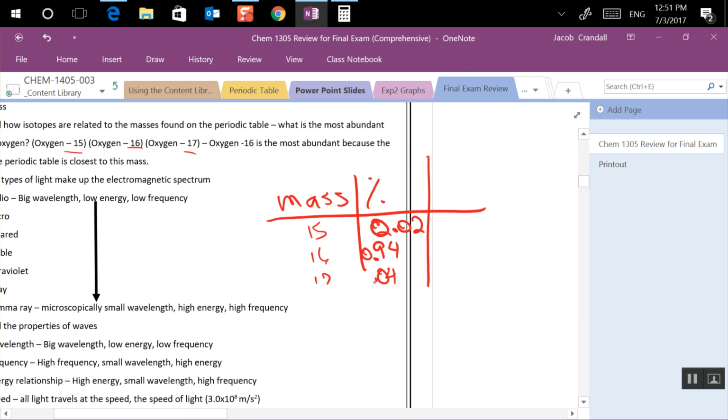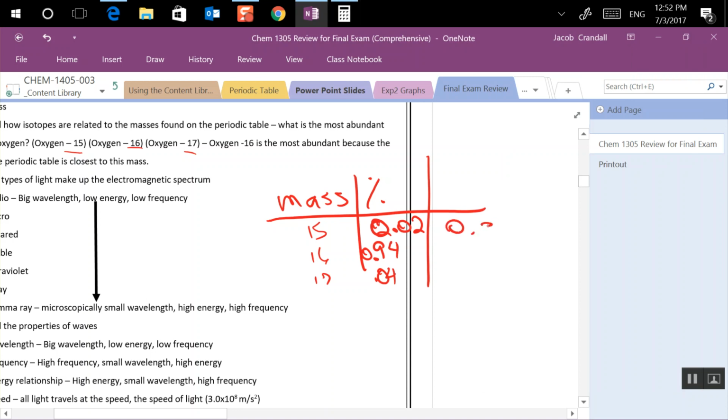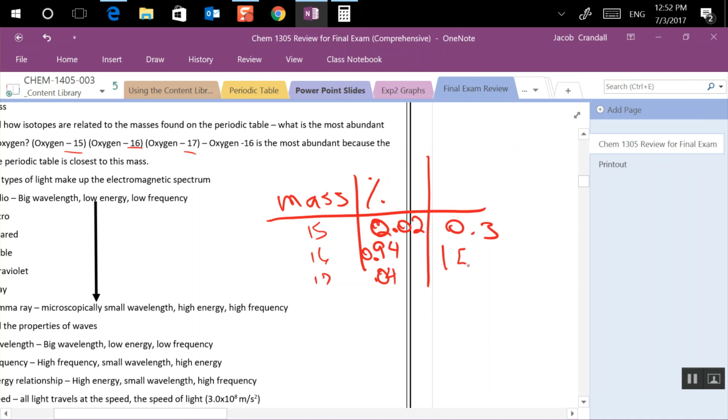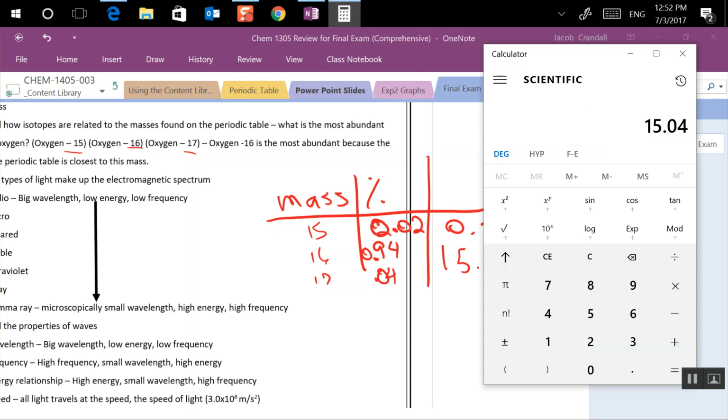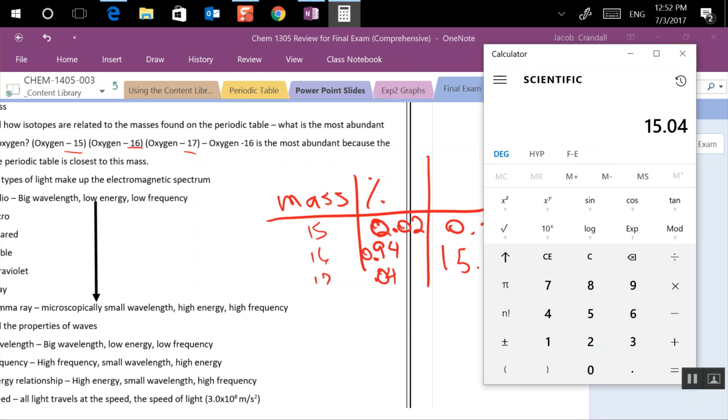That's 15 times 0.02, 16 times 0.94, 17 times 0.04. 15 times 0.02, okay, 0.3. 16 times 0.94, 15.04, and then 17 times 0.04.